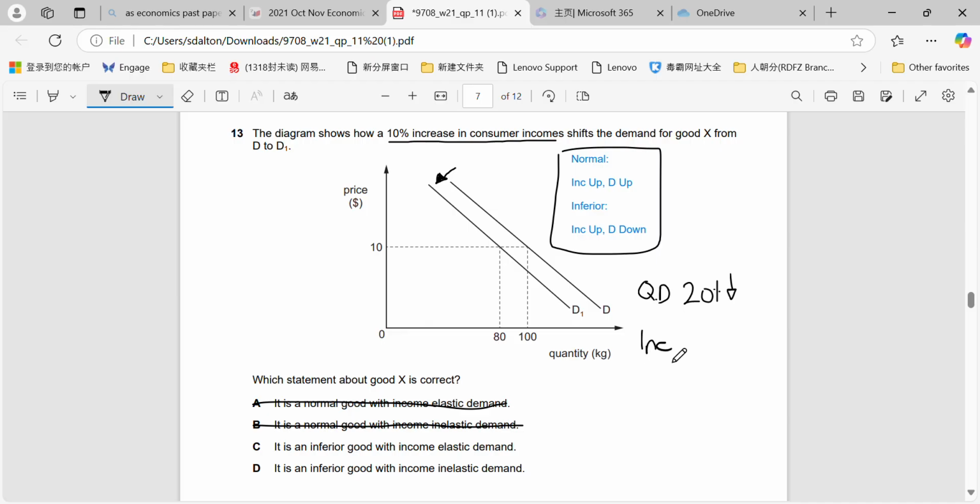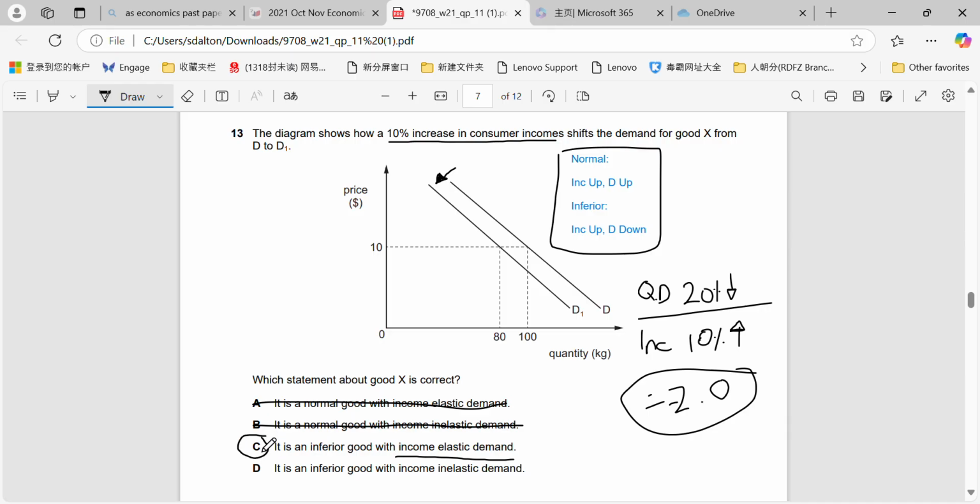Income up by 10%. And now if you remember your formula is the percentage change in quantity demanded over the percentage change in income. So if you put that over that, you get 2.0, negative because it's inferior good. And that tells us that it is income elastic demand because it is greater than 1.